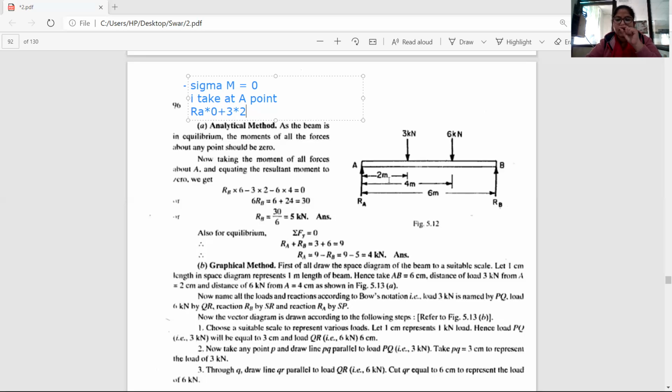But if anything goes in the anti-clockwise direction, take it as negative. So for this force, my value goes like this, so that is positive. Okay.